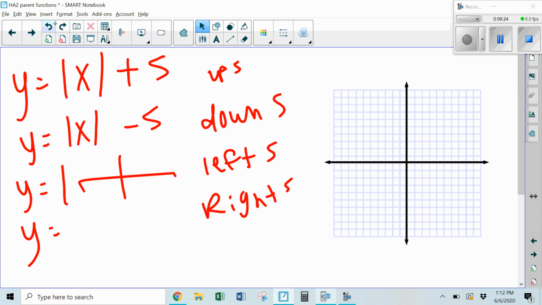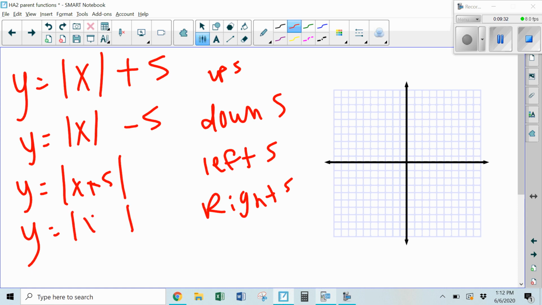And then for right 5, x minus 5. So if you want to pause the video and practice with more parent functions and check them out on your graphing calculator, you can. But this pattern always holds true. You know how to move something up and down or left and right.